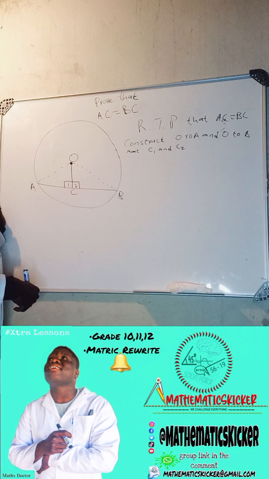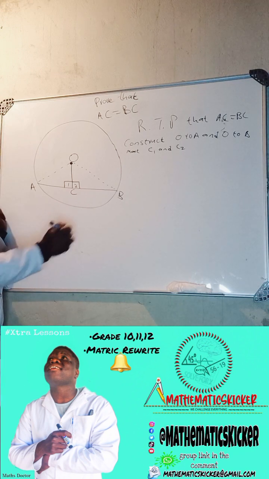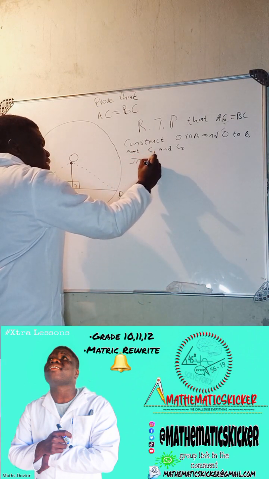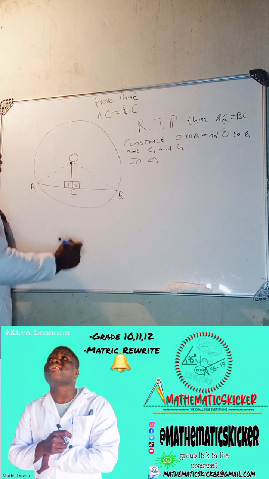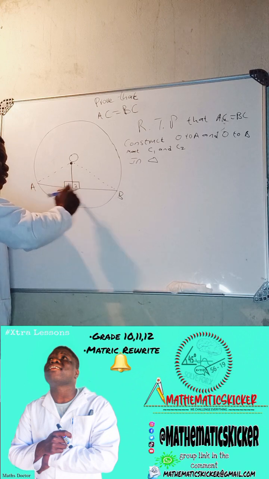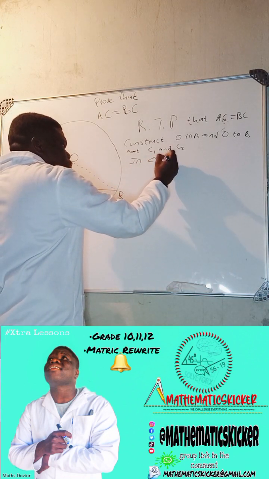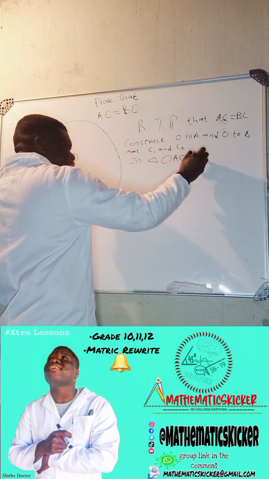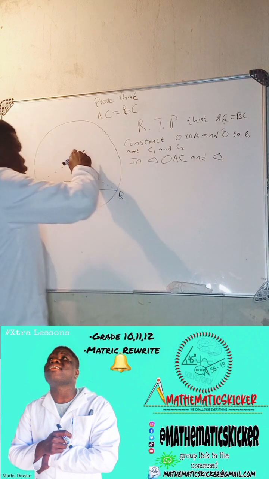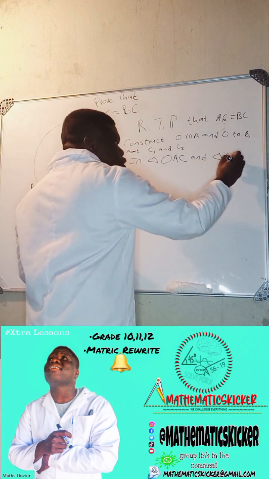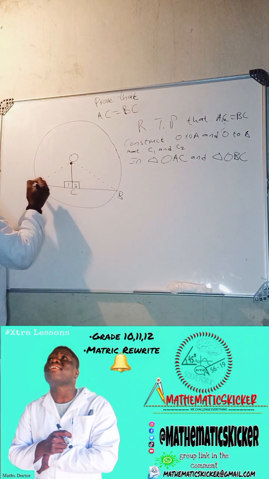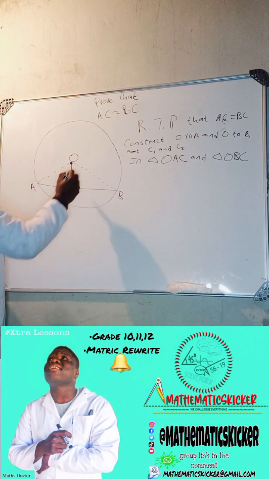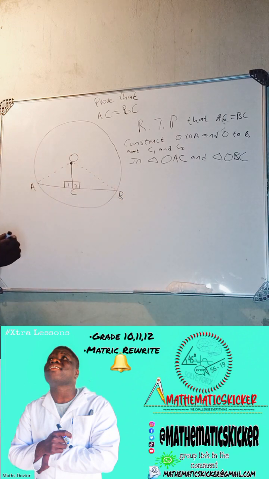Then now we are going to say that in triangle OAC and triangle OBC, right? In this triangle OAC and triangle OBC.